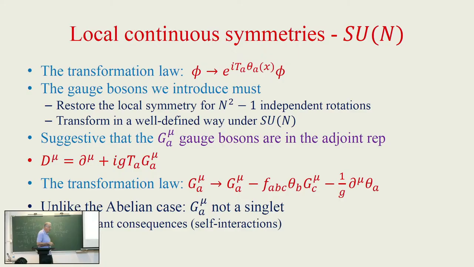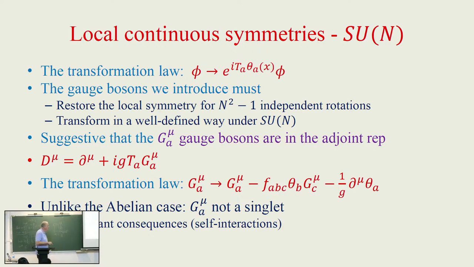And this additional thing is the thing that tells us that it transforms in the way that is right for the adjoint representation. This is not something that you can see immediately from what is written on the board. It's an exercise for homework that does take half a page to prove that this is the right transformation law for something in the adjoint representation. But it comes from this additional term.